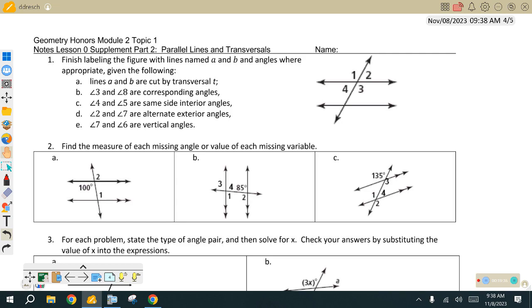So again, it's all about that vocab. All about that vocabulary, and then we're going to apply it afterwards. We're going to be setting up some equations here, solving it out based off of, again, knowing that vocabulary.